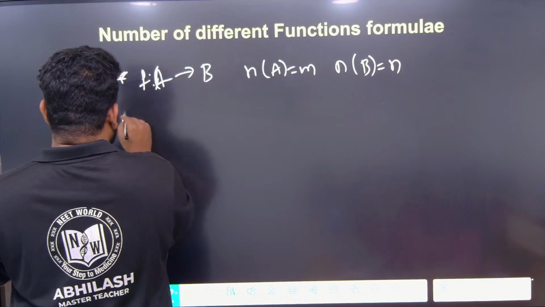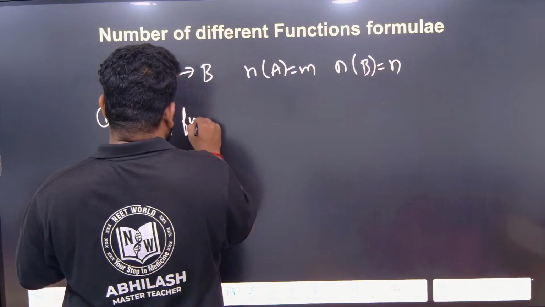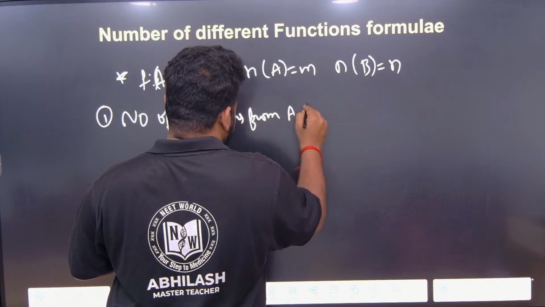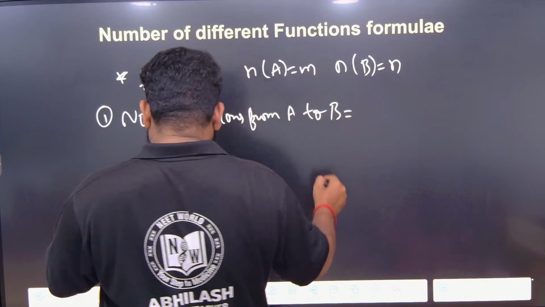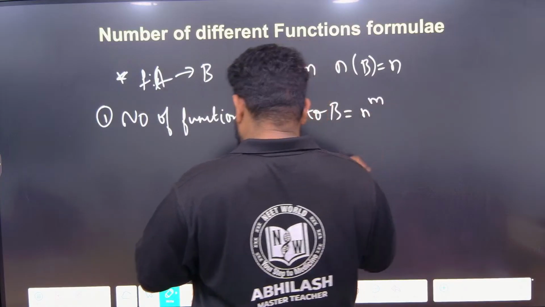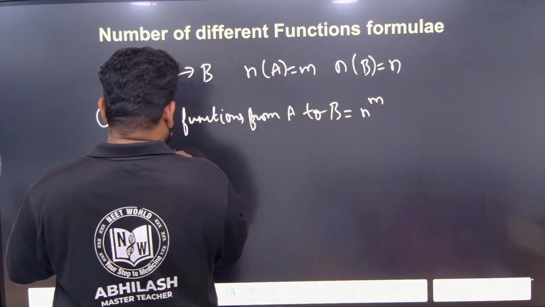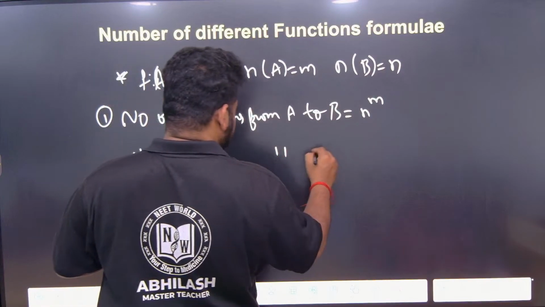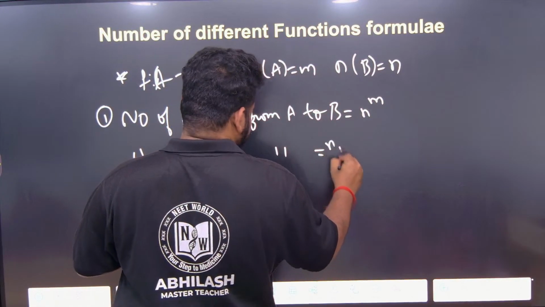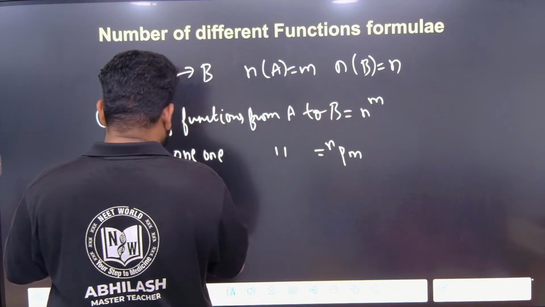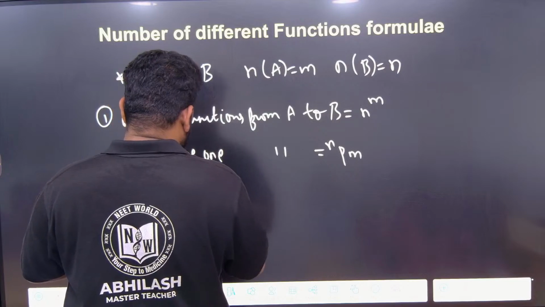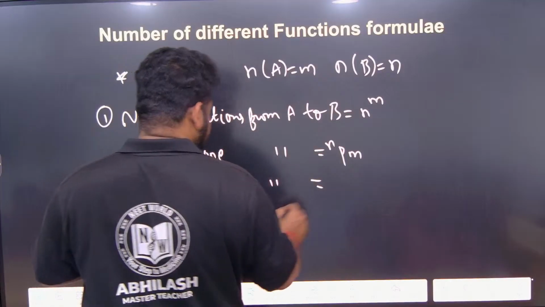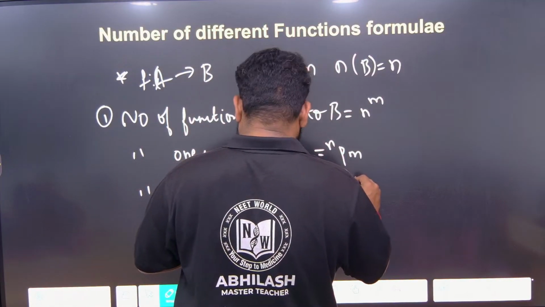If I am writing number of functions from a to b, you can write n power m. Number of one-one functions is npm. Number of many to one functions is what? n power m minus npm.